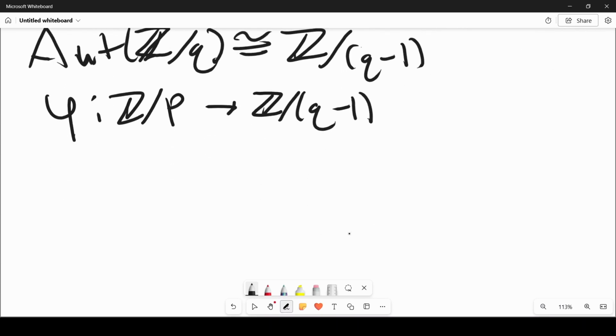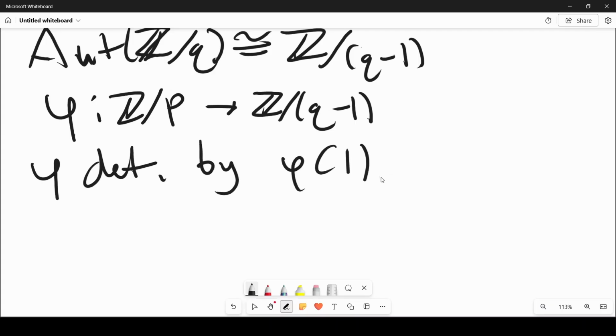Now, I can try to analyze all the different kinds of maps that can occur here. And the thing I notice is that varphi is completely determined by where it sends 1. Since Z mod P is cyclic, if I know where it sends 1, then I know where it sends 1 plus 1, or 1 plus 1 plus 1, so on and so forth. So varphi is determined by the value of varphi of 1.